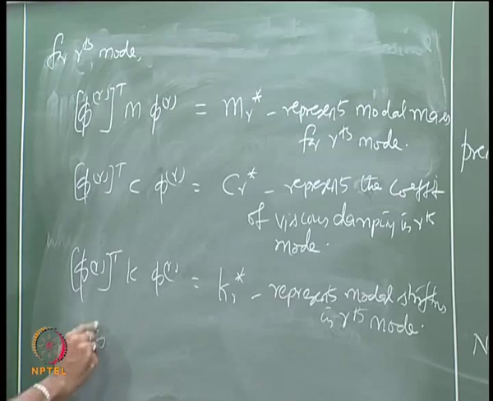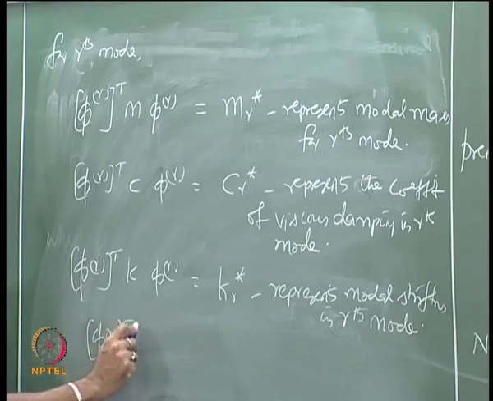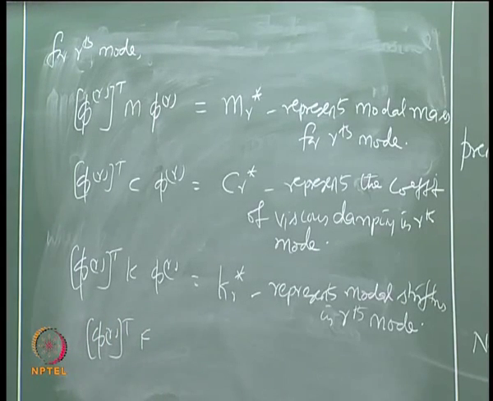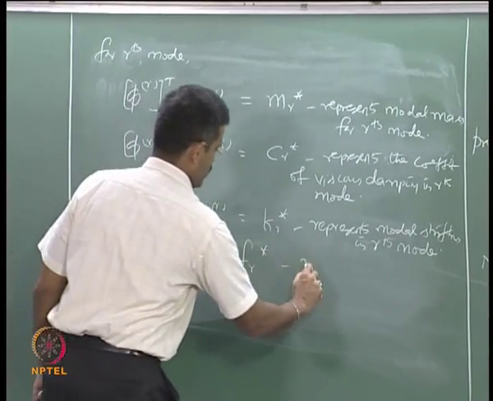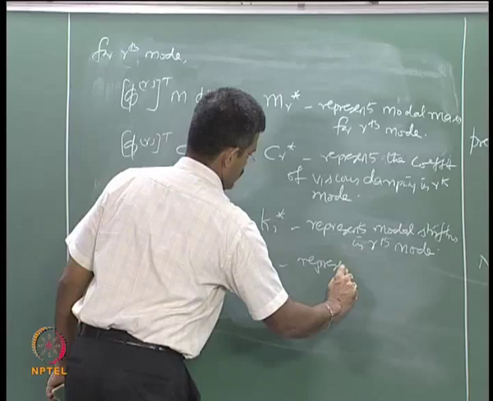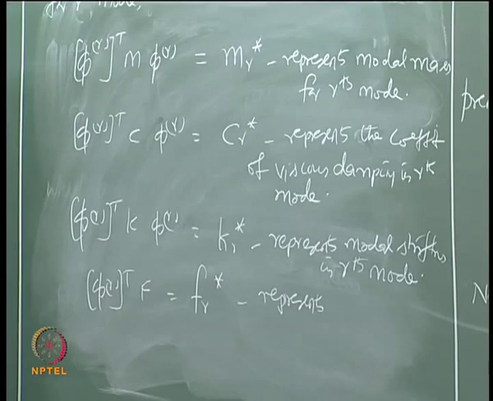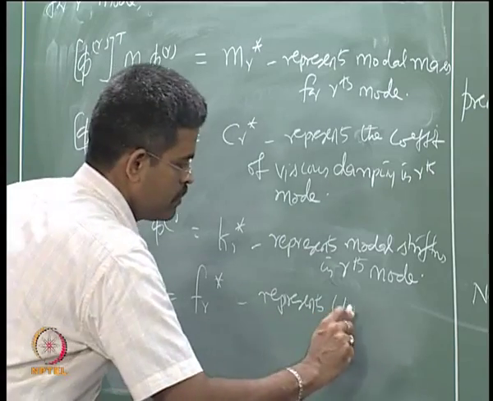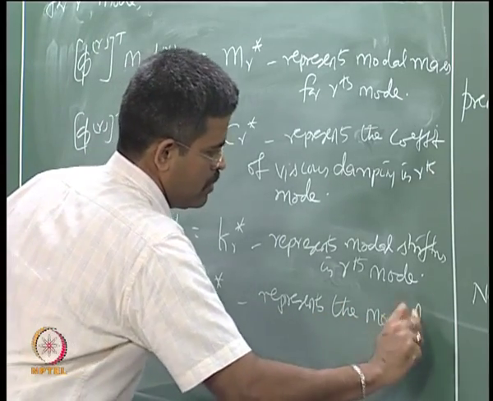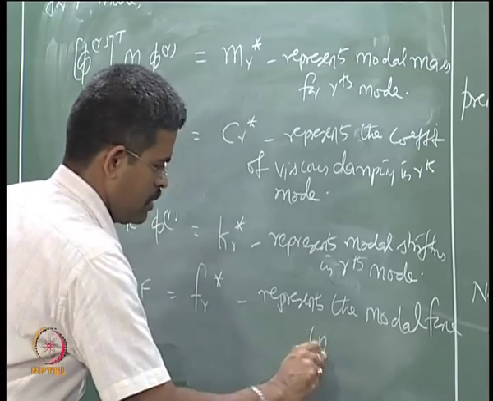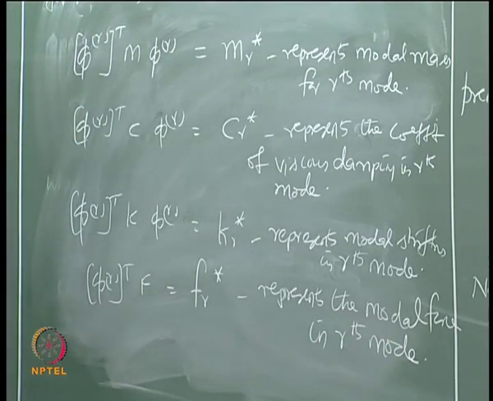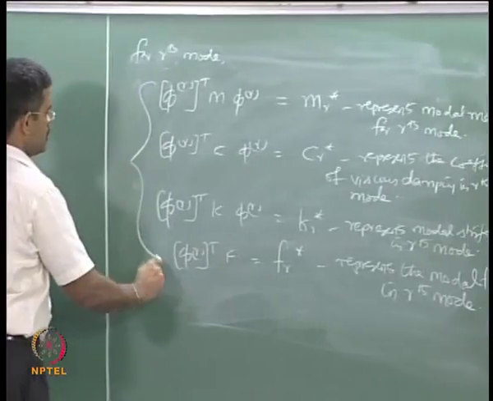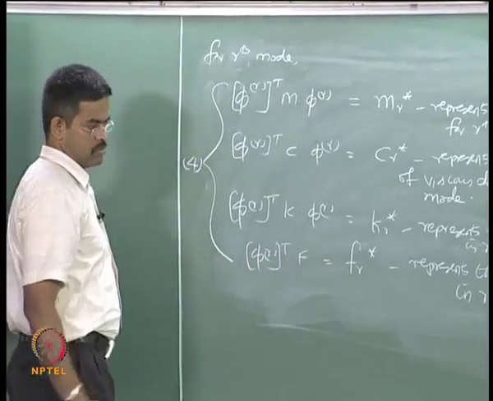Phi R transpose F is called F R star, which represents the modal force in the rth mode. All these equations I am calling equation 4.